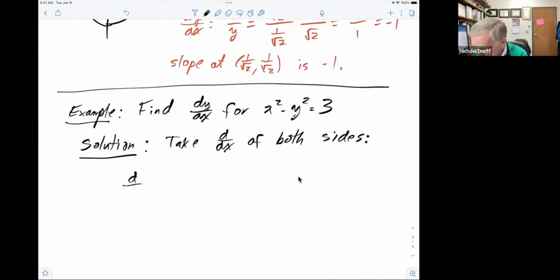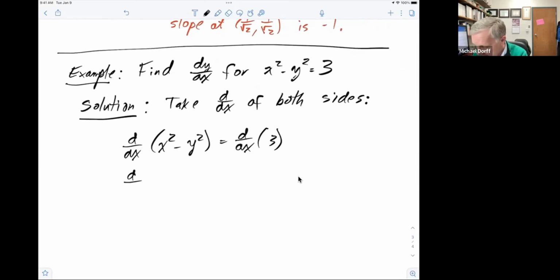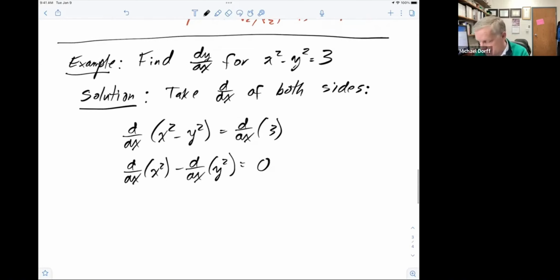So we have d/dx of x squared minus y squared on the left and d/dx of 3 on the right. And so then we have d/dx of x squared minus d/dx of y squared equals, and then I take d/dx of 3 and I get 0 because 3 is a constant.